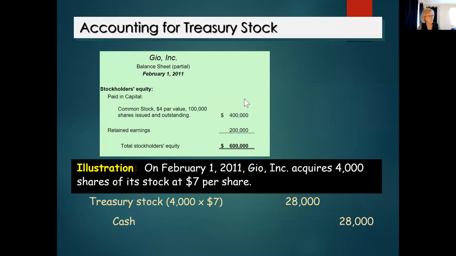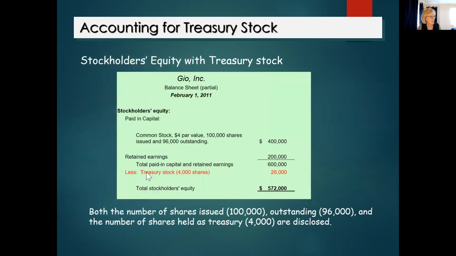So up here is the before picture. Geo Company has common stock, has retained earnings, has total stockholders' equity of $600,000. After they buy back, after that journal entry, they reduce the stockholders' equity by $28,000, and you have new stockholders' equity of $572,000. Okay, and now they no longer have 100,000 shares issued and outstanding.